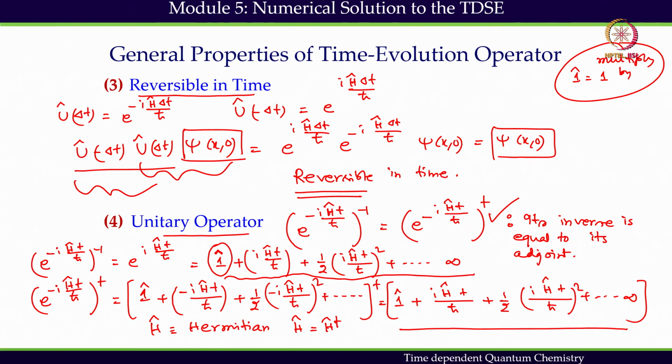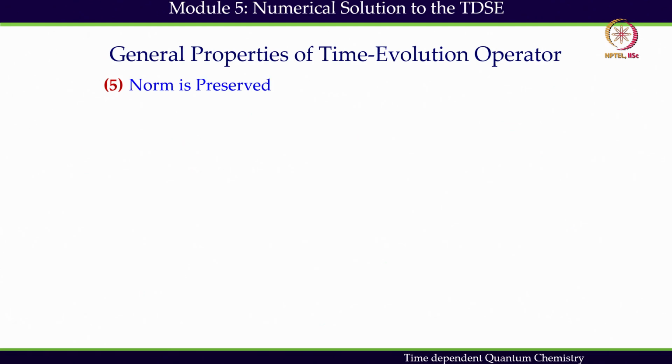So, the unitary time evolution operator is a unitary operator. We have been saying on many occasions in this course that to explore quantum dynamics, we need to have a wave function which is normalized initially, and it will remain normalized over all the time when we are exploring the quantum dynamics, and that is called norm preserving.